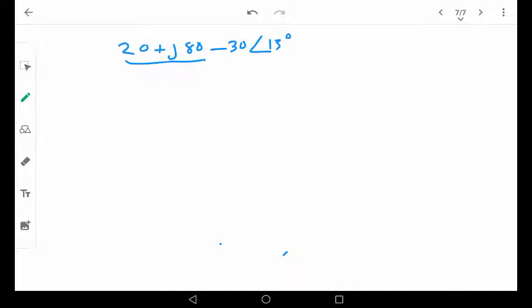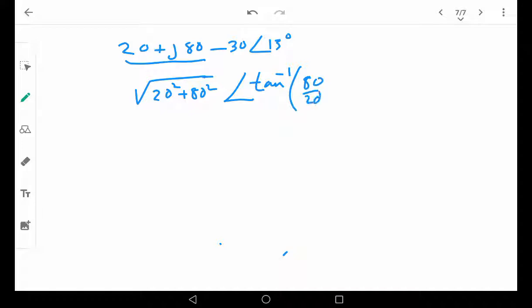That is, you have it as square root of 20 square plus 80 square angle tan inverse 80 by 20, minus 30 angle 15 degree, right? Then you can convert them into the time domain. Okay, that's how you will do the thing.